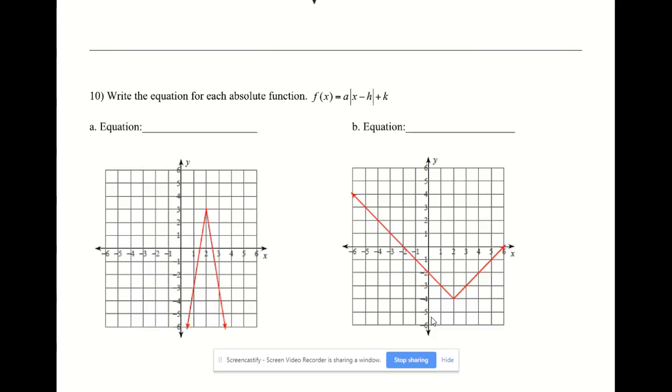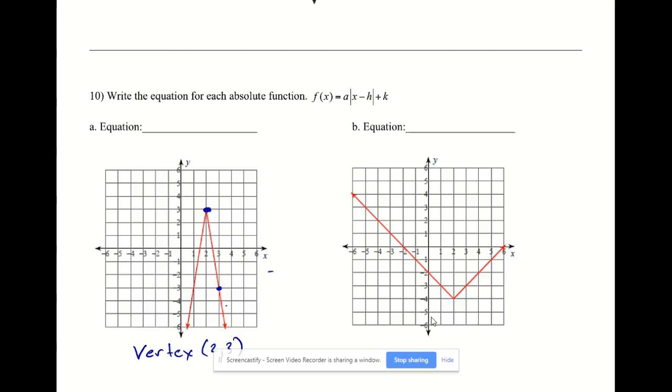Write the equation for each absolute value. First things first, identify our vertex. So our vertex in this case is 2, 3. Next, we want to estimate our slope. So we're going to come all the way down here to this first point where we have an intersection of the line of the graph with an intersection on our coordinate plane. And so we know we're coming right 1 and we're coming down 6.